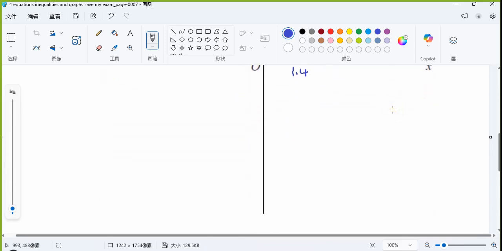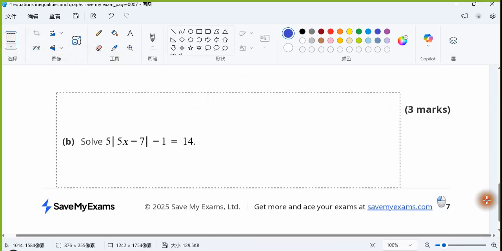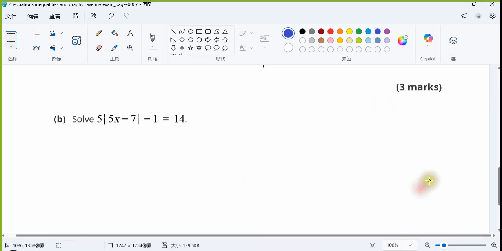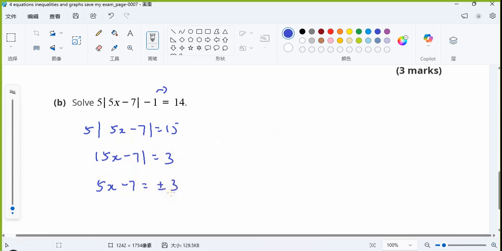And then solve part B. The part B that wants us to solve is not related to part A. So we move this to the other side. 5 times modulus 5x minus 7 equal to 15. Modulus 5x minus 7 equal to 3. So 5x minus 7 equal to plus minus 3.